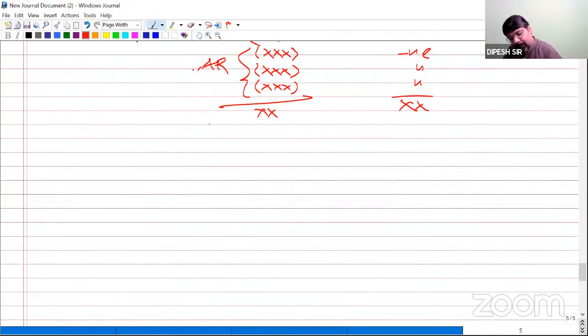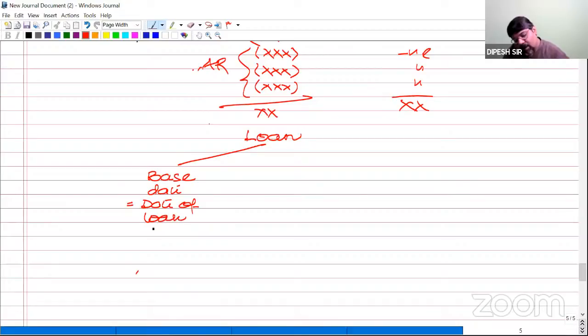Thereafter, loan. First, base date is equal to date of loan taken. Correct? Due date is equal to date of installment.